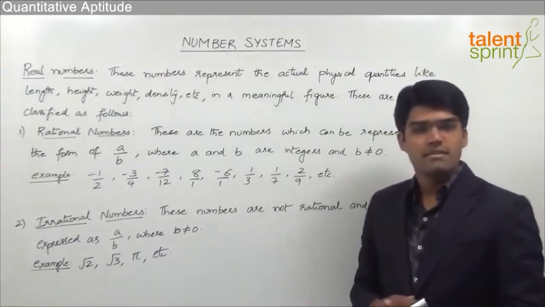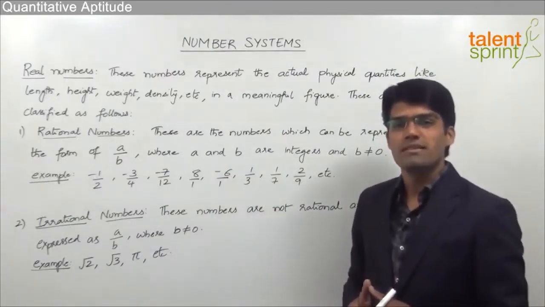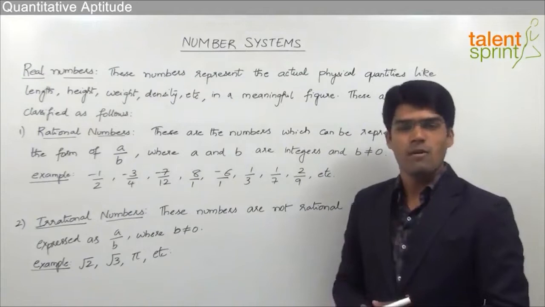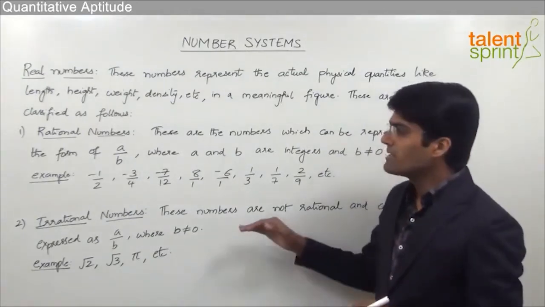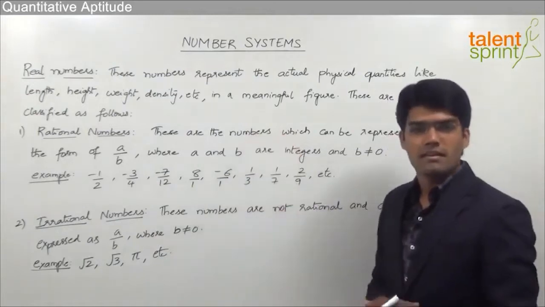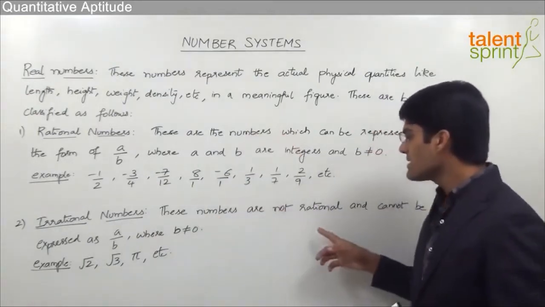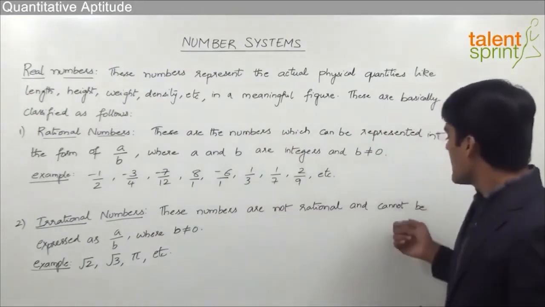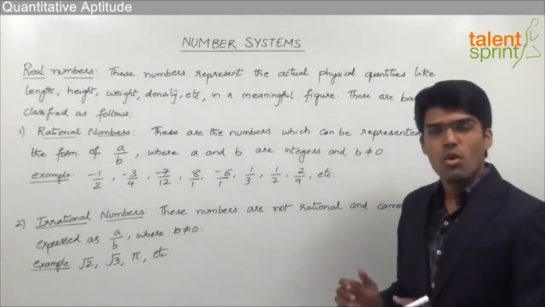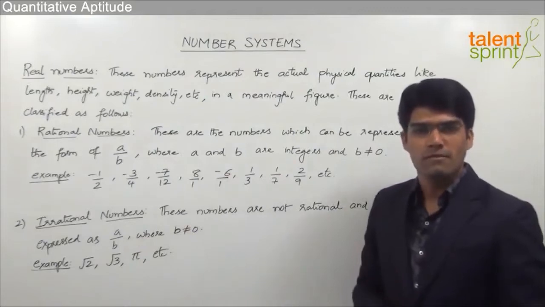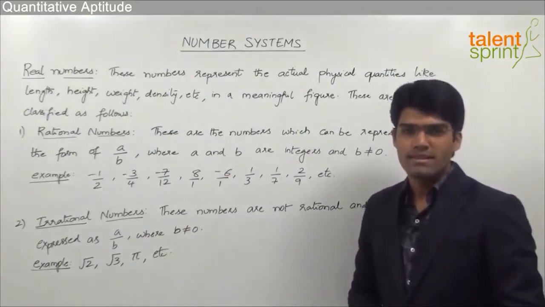Next comes irrational numbers. Irrational numbers are those numbers which cannot be expressed in the form of A by B, where B is not equal to 0. So we can say that numbers which are not rational are irrational. So as you can see here, these are the numbers that are not rational in nature and cannot be expressed as A by B, where B is not 0. So all those numbers which cannot be taken in the form of fractions should be considered as irrational numbers.